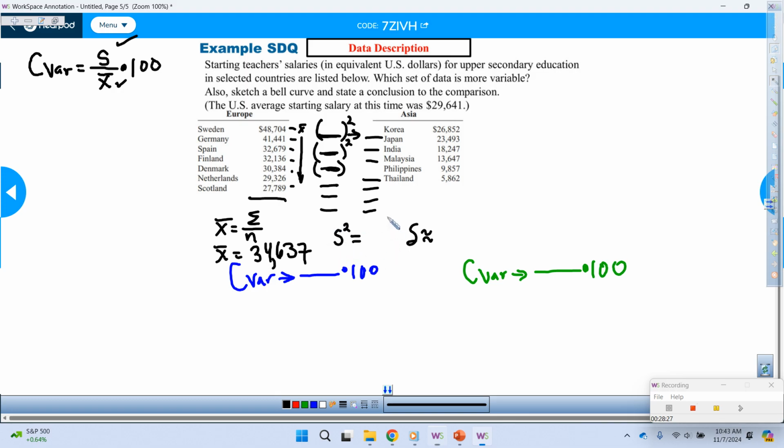So, variance, Europe. Let's go with Mario. Variance. So it's either you or your partner or your neighbor. What did you get for the variance?